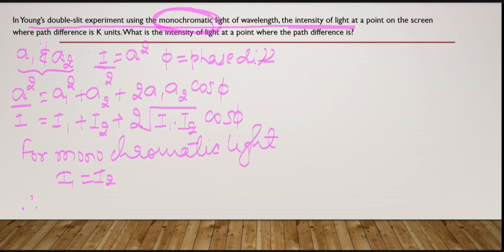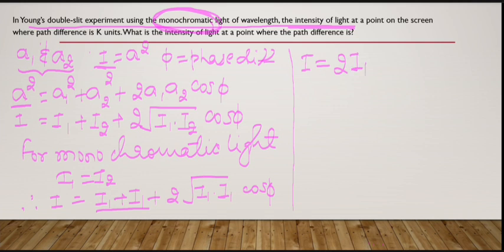Therefore, the resultant intensity will be I1 plus I1 plus 2 root under I1 multiplied by I1 cos phi, which can be written as I is equal to I1 plus I1 becomes twice of I1, plus 2 I1, because I1 multiplied by I1 is I1 square and root under I1 square is equal to I1, and finally we have cos phi. Let us consider this is equation 1.